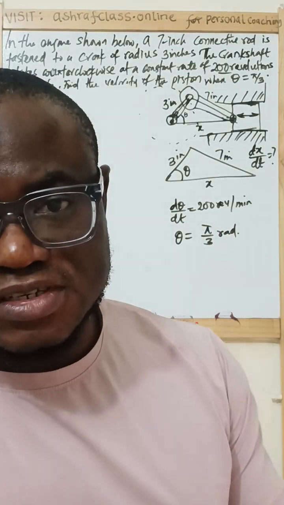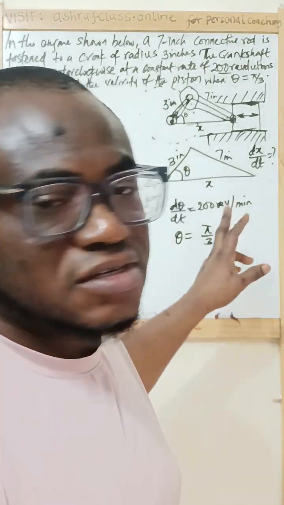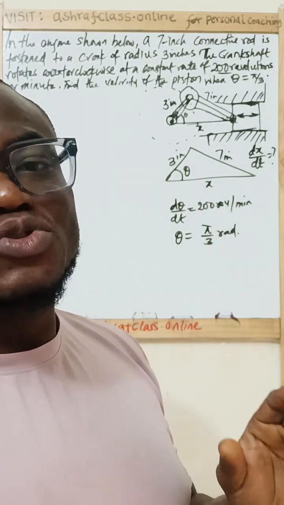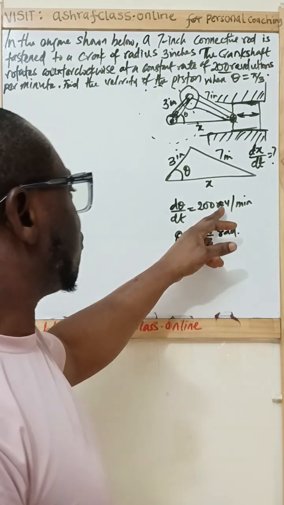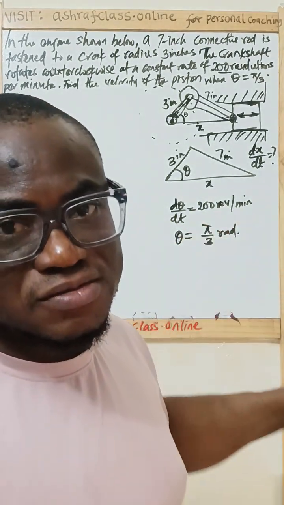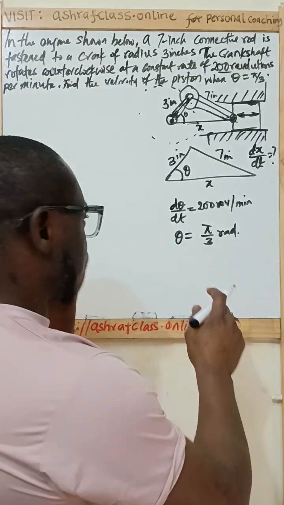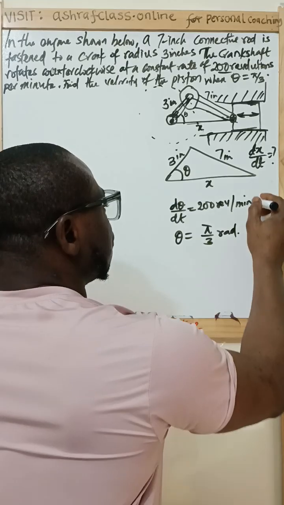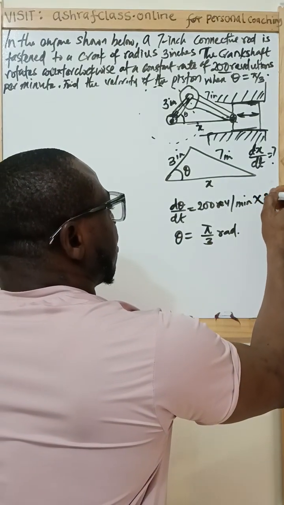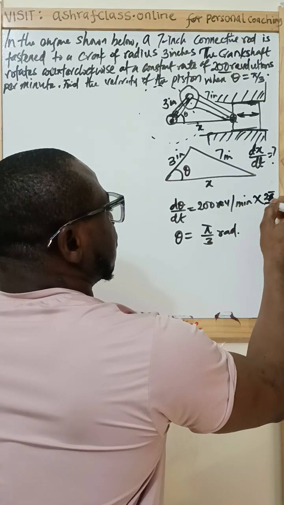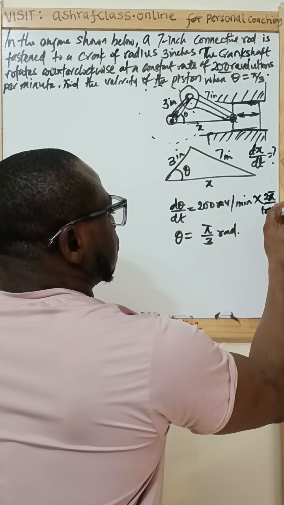Whenever we are dealing with questions like this, we need to change them to the same unit. This one is in revolutions, while this one is in radians, so we have to change revolutions to radians. One revolution is 2 pi radians, so you multiply by 2 pi radians over 1 revolution.